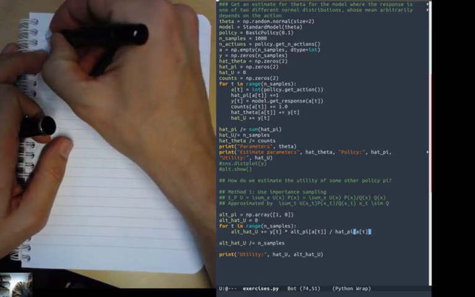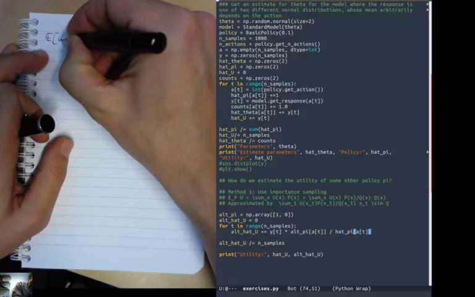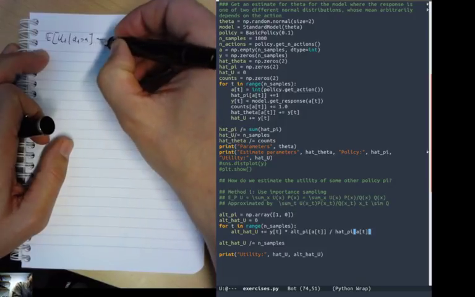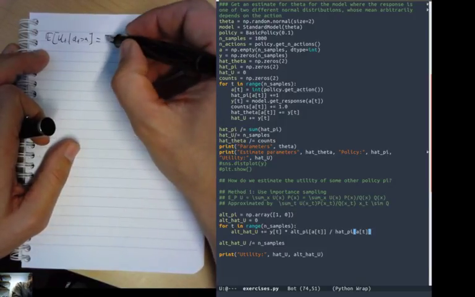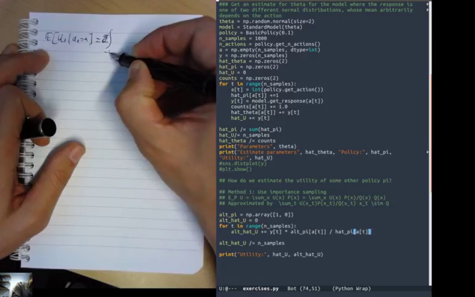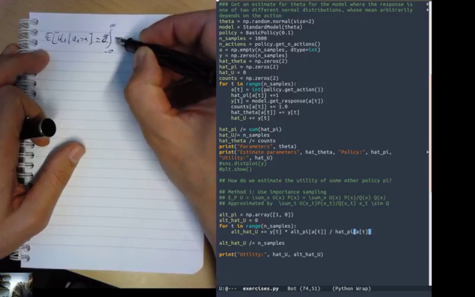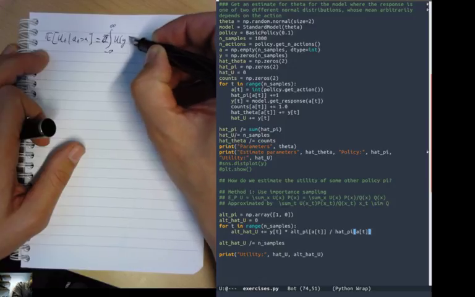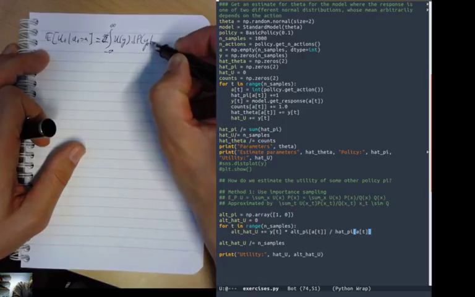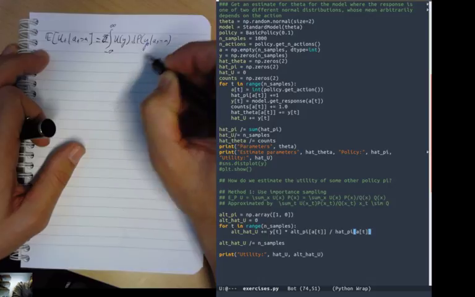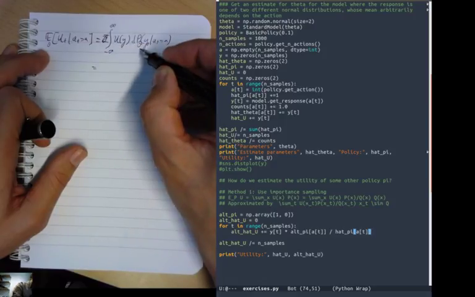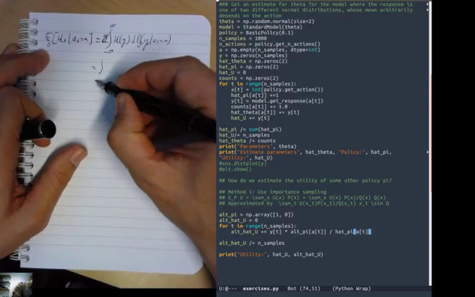We have the expected utility at time t given a_t equal to a, right? Is equal to the sum, okay, well, integral actually, of the utility of y, and then the probability of y given a_t equal to a. And if we know the parameter theta, then the utility is y as well.